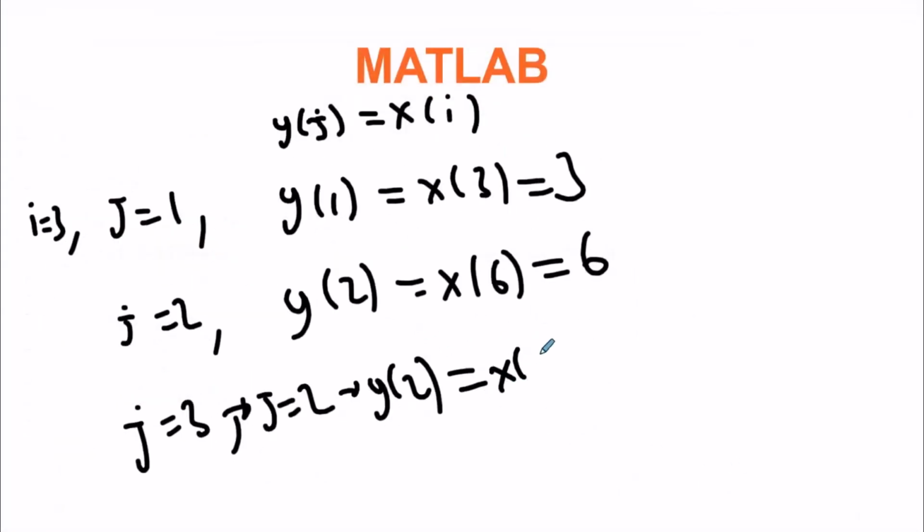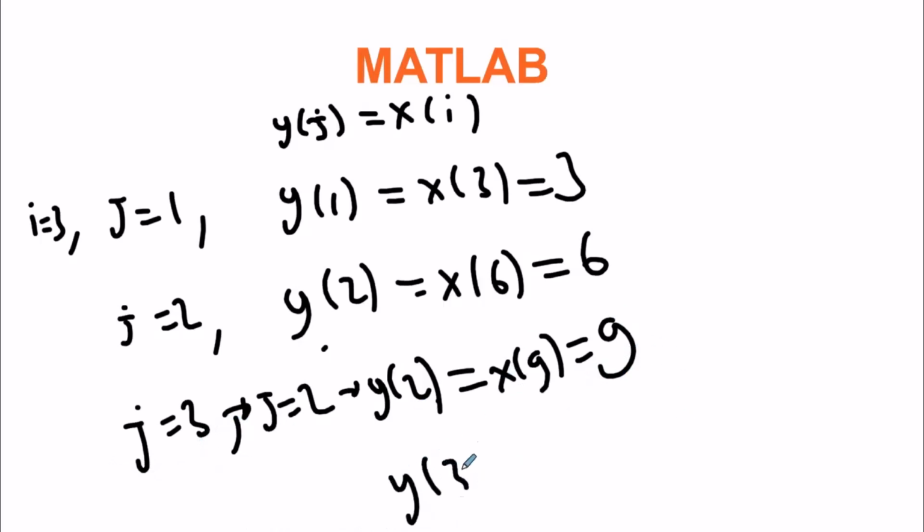We came to term 9. y2 equals x9 equals 9 automatically, while MATLAB kept the previous y2 as 6. We said the new y2 should be 9. It was automatically written over the 6 here as the value 9. This is the logic of the event.